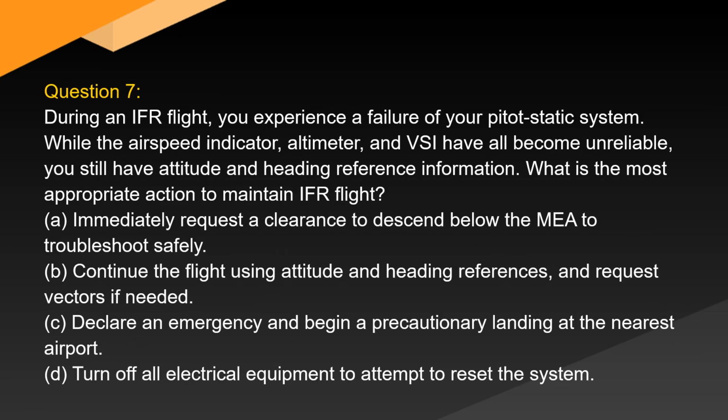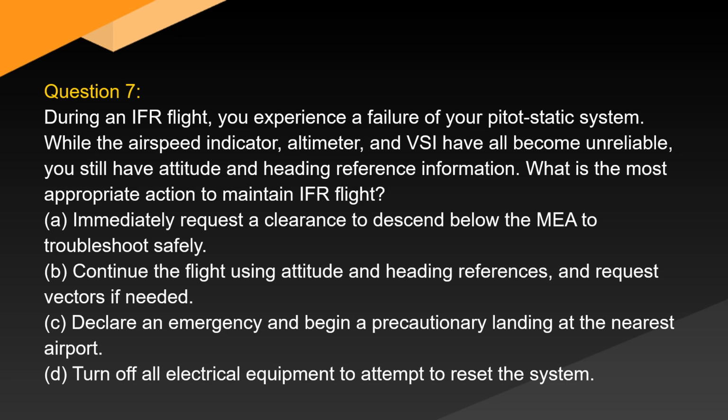Question 7. During an IFR flight, you experience a failure of your pitot-static system. While the airspeed indicator, altimeter, and VSI have all become unreliable, you still have attitude and heading reference information. What is the most appropriate action to maintain IFR flight? A. Immediately request a clearance to descend below the MEA to troubleshoot safely.